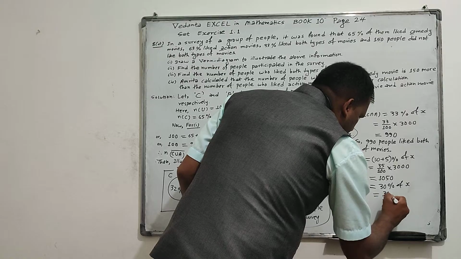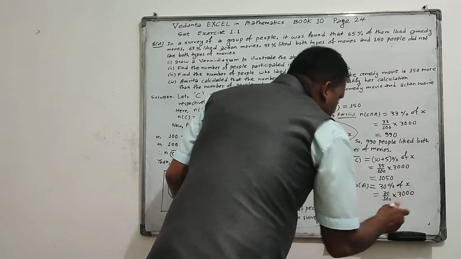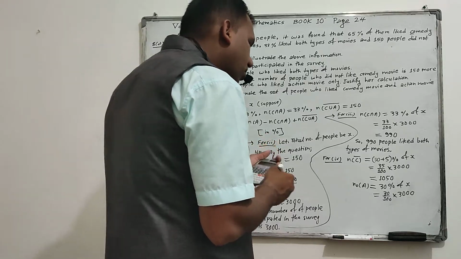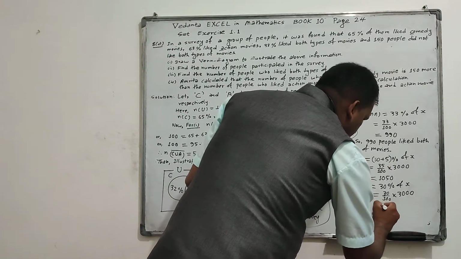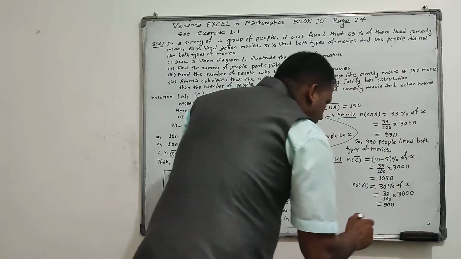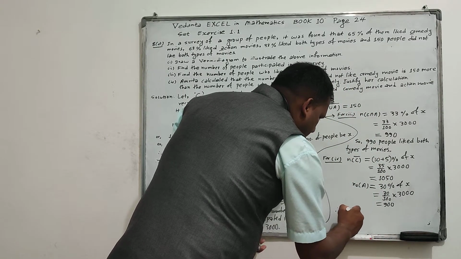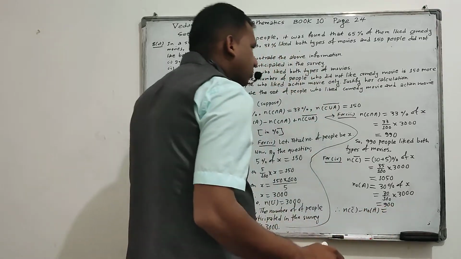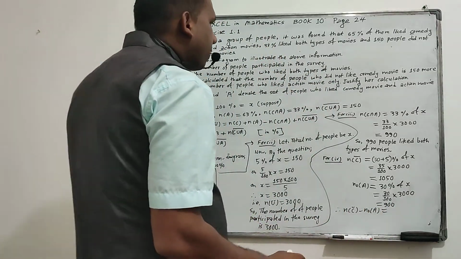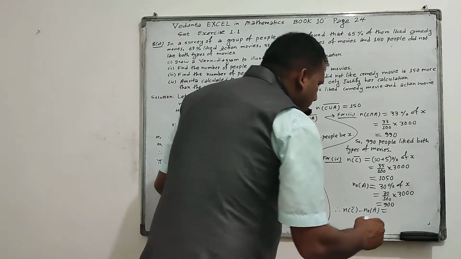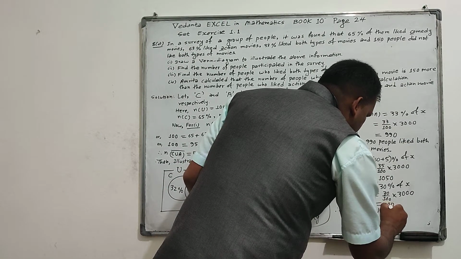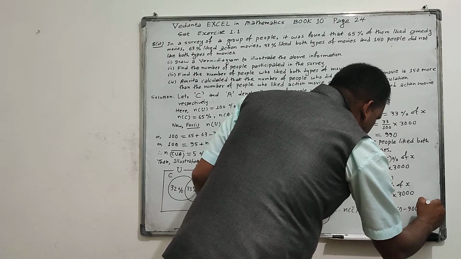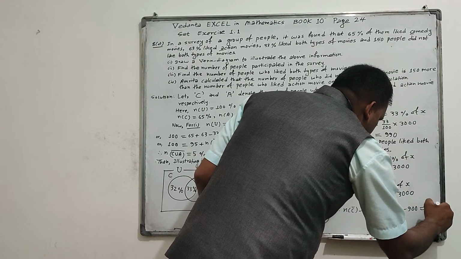By 100 into 3000, it becomes 900. Therefore, the number of C complement minus N0A, their difference, equals 1050 minus 900, that is 150.